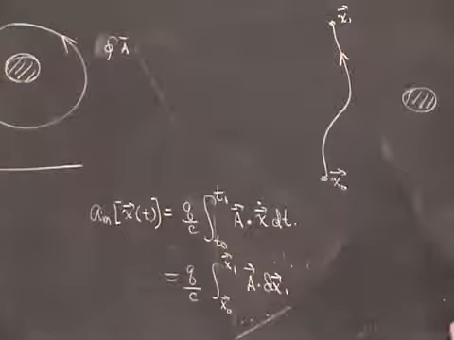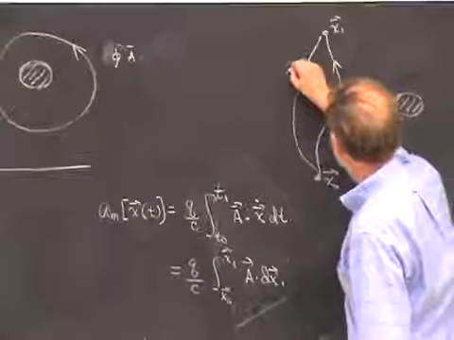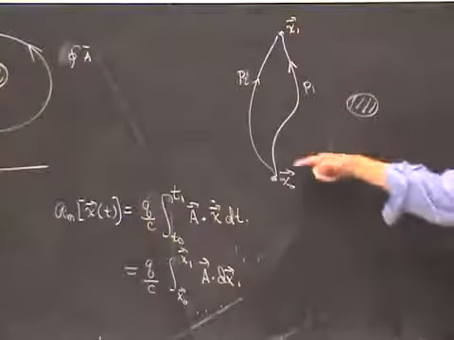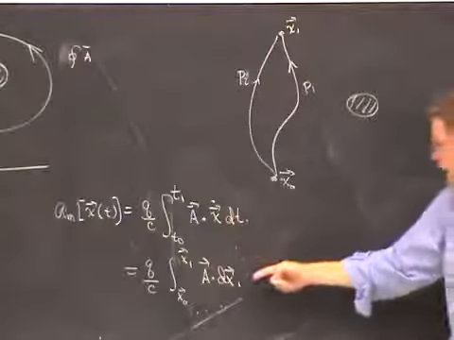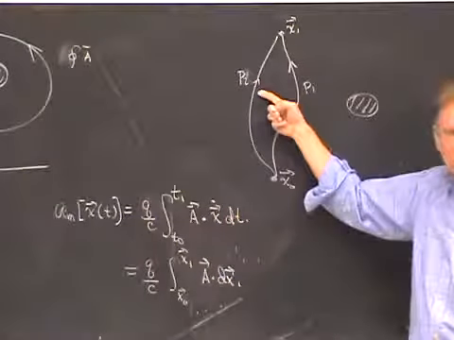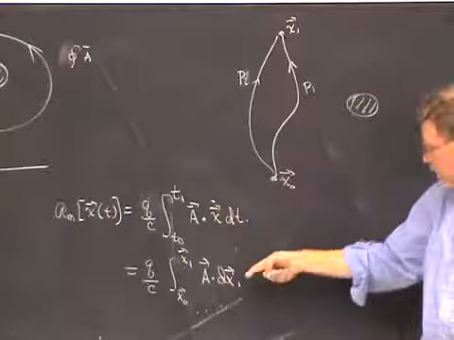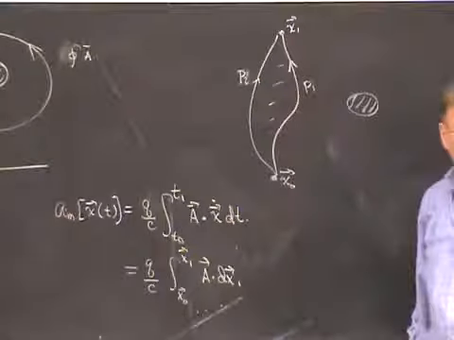Actually, it depends on even less than that. Because if I have two paths, let's call them P1 and P2, such that they can be continuously deformed into one another, then the magnetic action along these two paths is the same. Because if I go along one path and back along the other, that gives me a loop integral, which is equal to the magnetic flux through the enclosed region.